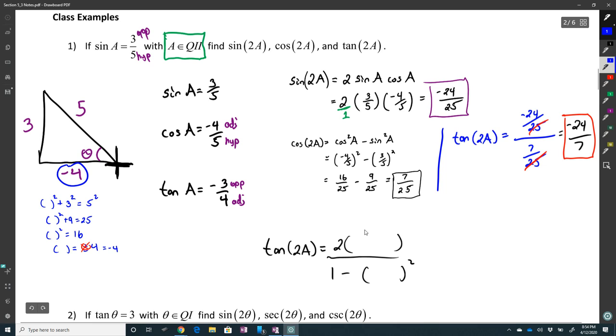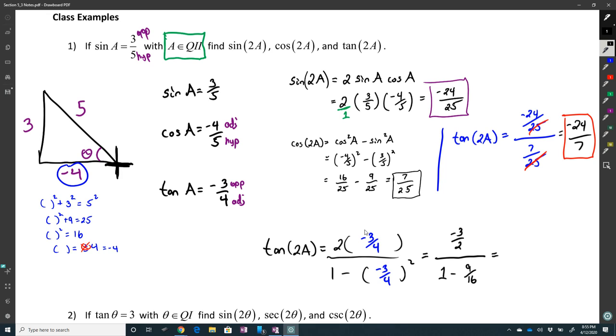Tangent was negative 3/4, so this is negative 3/2 on top. On the bottom, we have 1 minus 9/16. Then it's just simplifying, and you'll end up with negative 24/7.